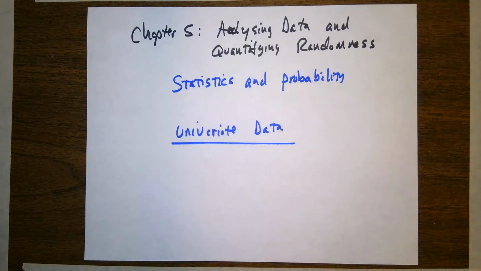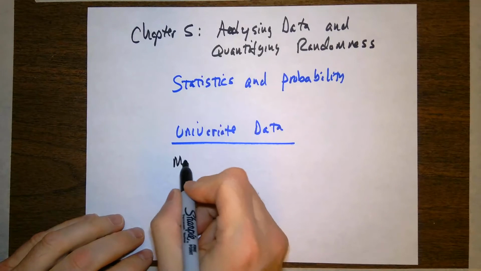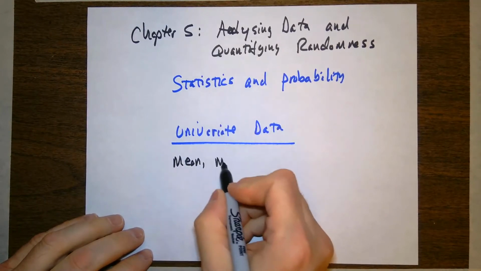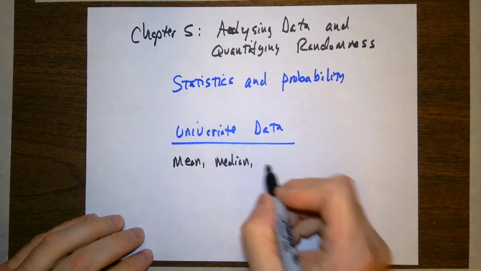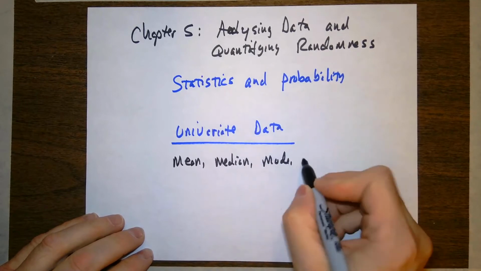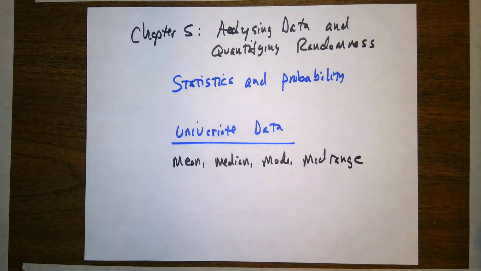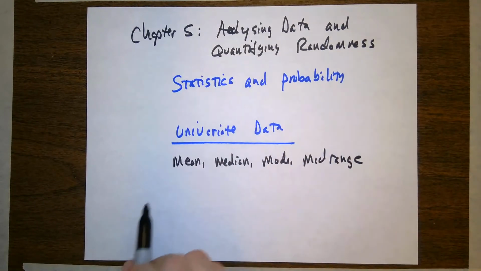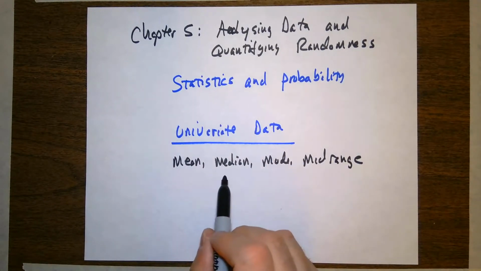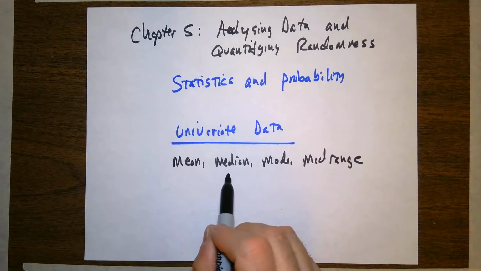Before we start and get into it, there are some concepts that I'm hoping we already know and remember from previous classes. For example, the mean, median, mode, and mid-range. These are measures of central tendency. The mean is the arithmetic average. The median is the middle number if I lined up the data set in order.